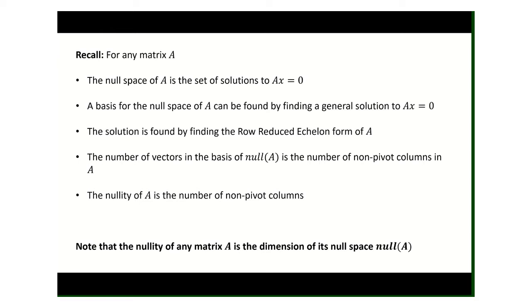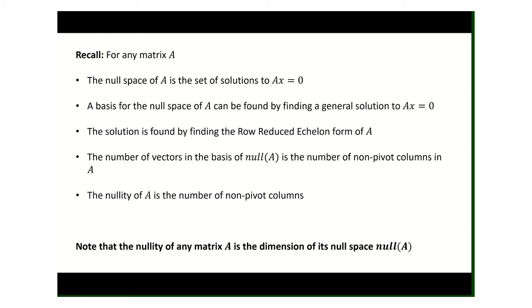A basis for the null space can be found by finding that general solution in the same way. The number of vectors in the basis is the number of non-pivot columns. So remember when we looked at this, we talked about free variables. Well, that number of free variables is the size of the basis of the null space.